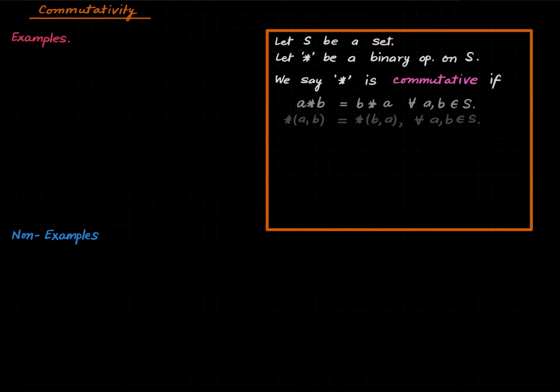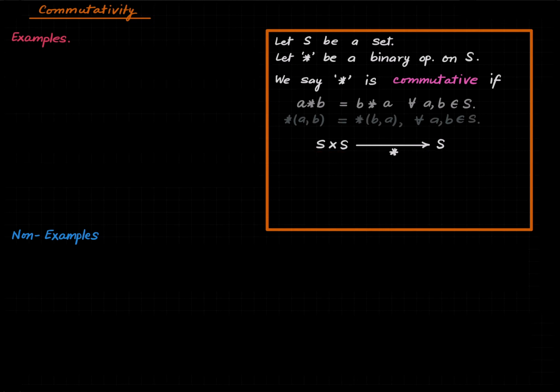We will look at examples, but before we do, let me express this exact same thing by means of a commutative diagram. We have this function star from S cross S going into S. This is our binary operation.